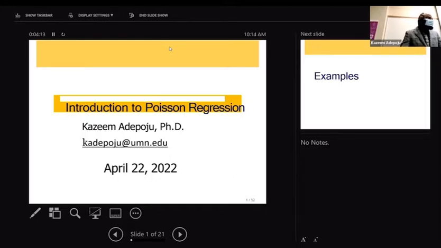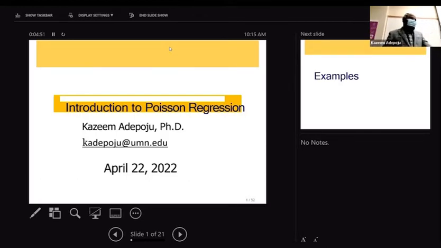When the response variable is continuous, of course, I'm going to use linear regression. I'm going to say that again: when the response variable is continuous, in addition to other assumptions underlying the linear regression model, we're going to use linear regression.